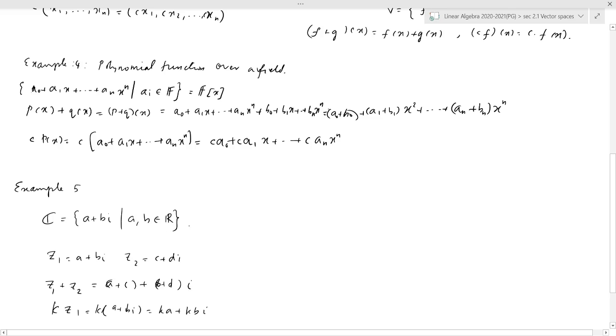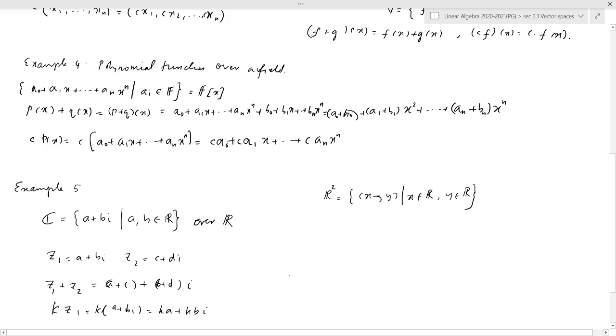So this forms a vector space over R. Obviously, this C is a vector space over C itself, but here we can consider C as a vector space over R. As in example 1, we have discussed R2, the set of all (x, y) such that x belongs to R and y belongs to R. If you consider this vector space, then you can say that these two vector spaces can be considered the same.